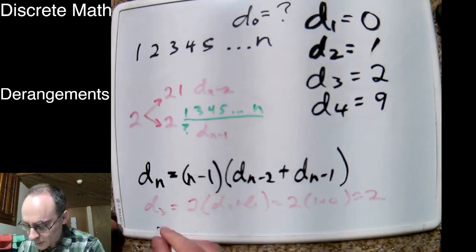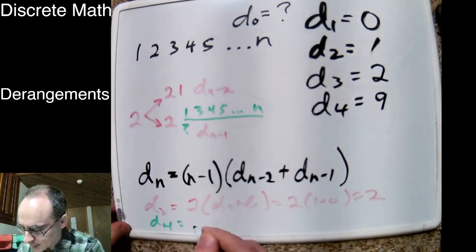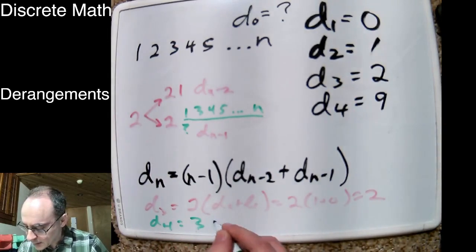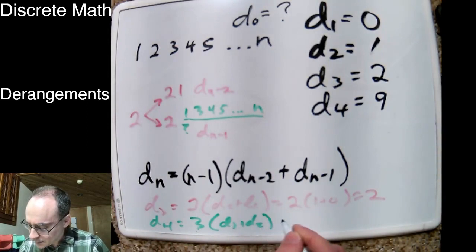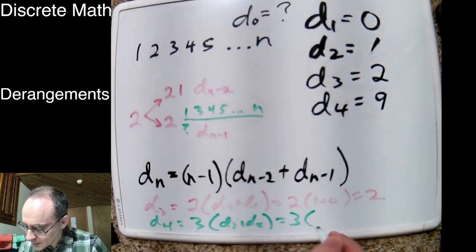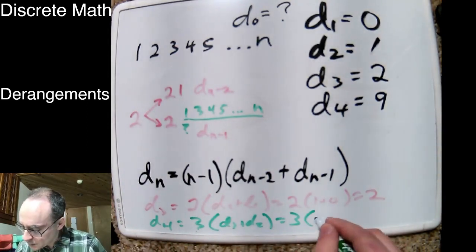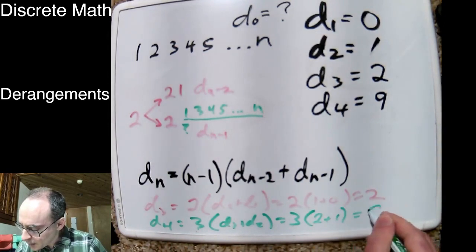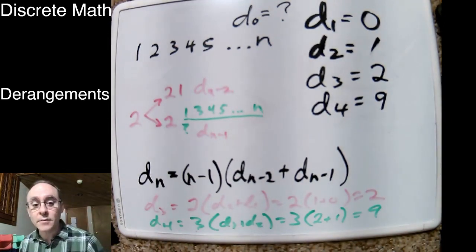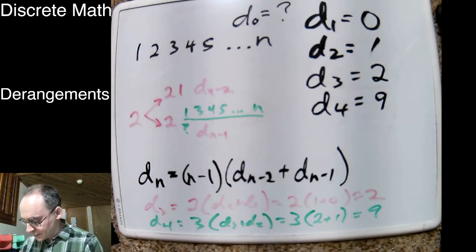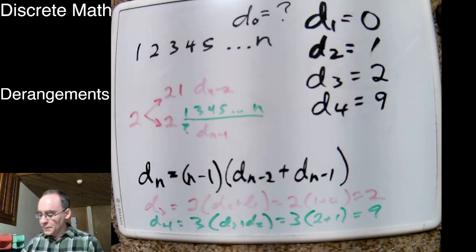Does it work for d4 as well? It says d4 should be 3 times d3 plus d2. That's the same as 3 times 2 plus 1, which gives me 9, which is what we found by inspection and counting. So it seems to work so far.